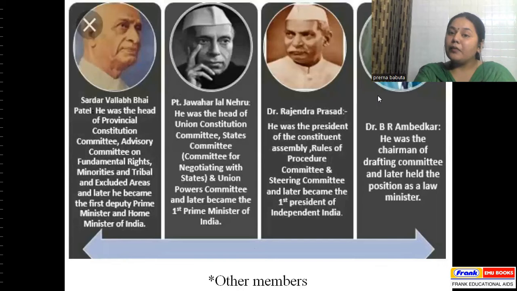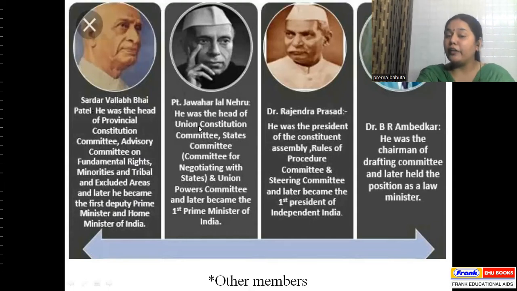Now, these are some of the members of the Constituent Assembly that are shown here. So here we can see Sardar Vallabhbhai Patel. He was the head of the Provincial Constitution Committee, and the Advisory Committee on Fundamental Rights, Minorities and Tribals and Excluded Areas, and later he became the first Deputy Prime Minister and the Home Minister of India. Then Pandit Jawaharlal Nehru was also a part of the Constituent Assembly.